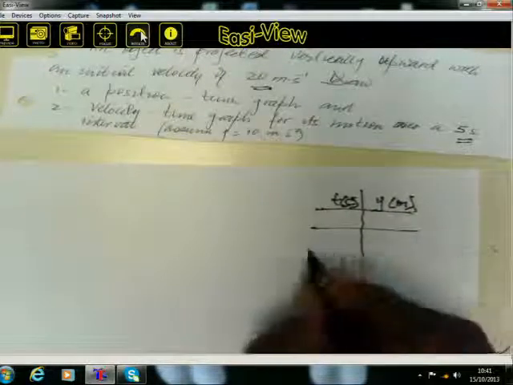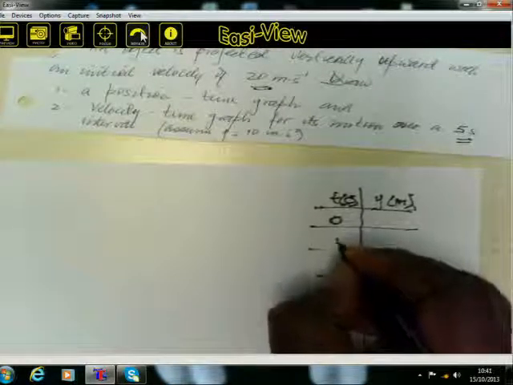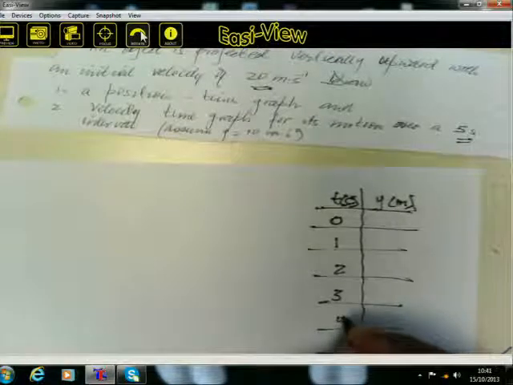We will take the time when we start to project the object, then the first second, third, fourth, and the fifth one.